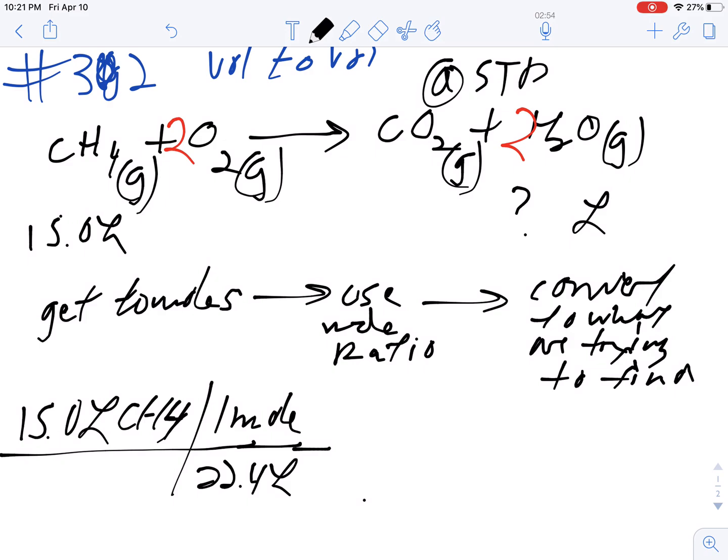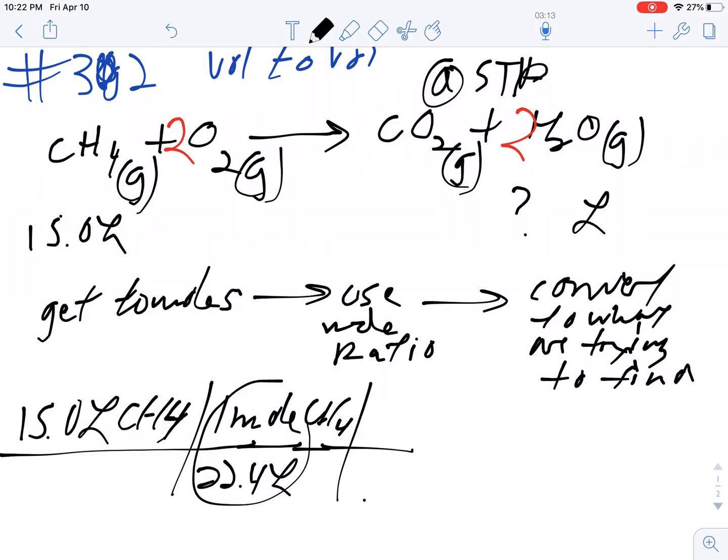So we're going to keep it simple. We're always going to do it at STP, so we're always going to use this nice conversion to get it to moles.